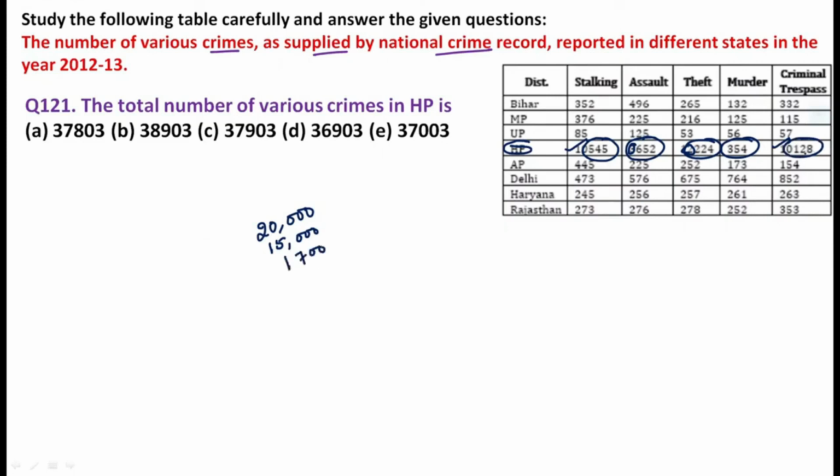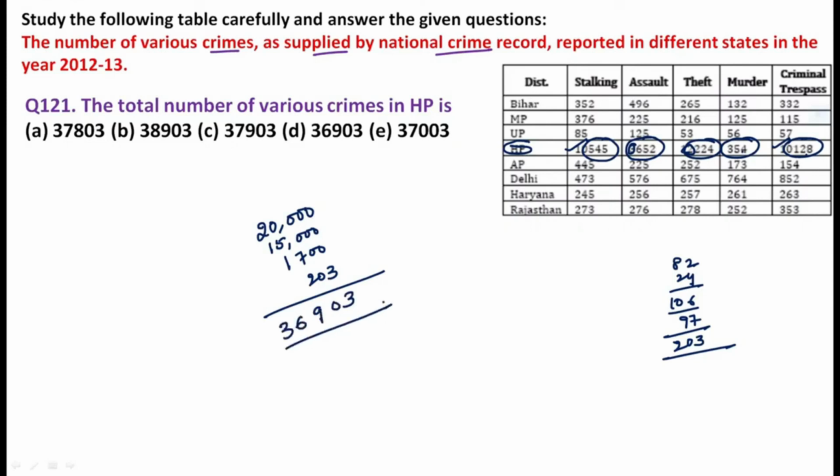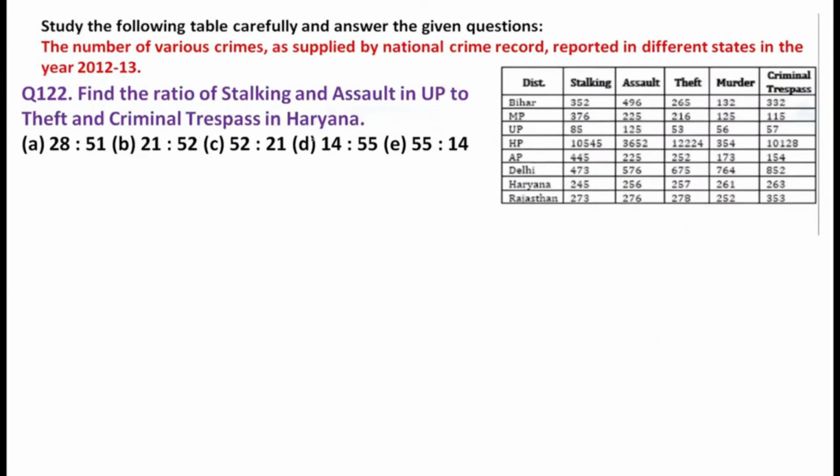Now we are left with the units. 28, 54, 54, 74, 74, 82. 82 plus 24 is equal to 106. 52 plus 45, the value becomes 97. So check it out that you should maintain perfection in the calculation. 36,903 is the correct answer. Guys, don't use calculators. Just use your fingertips. You need to identify the theory.